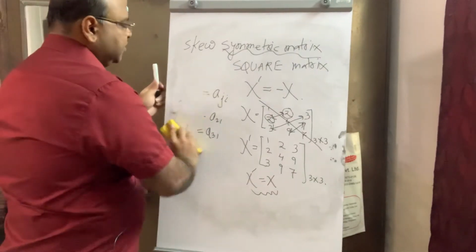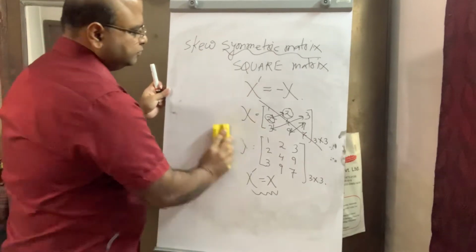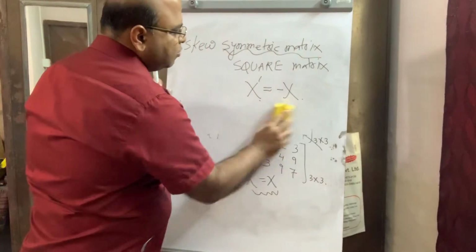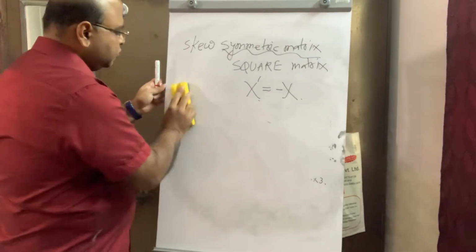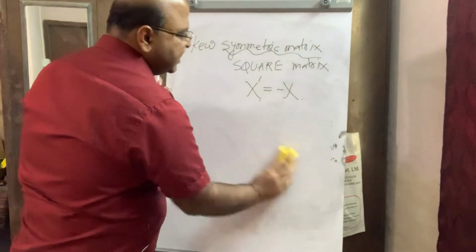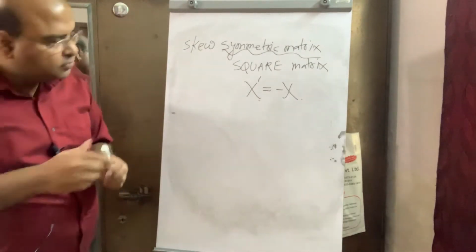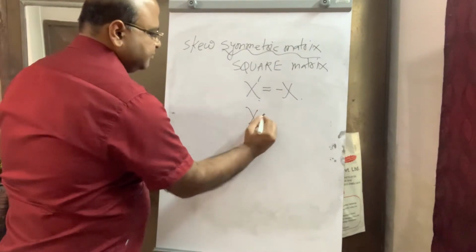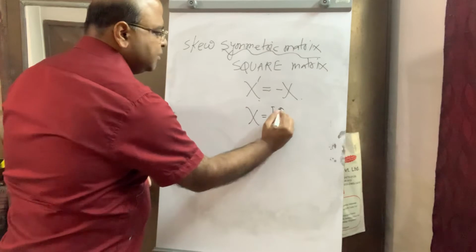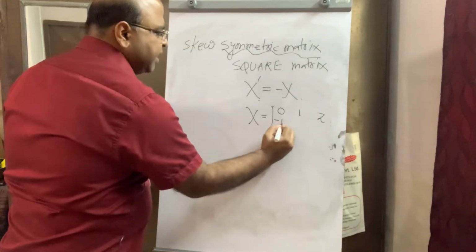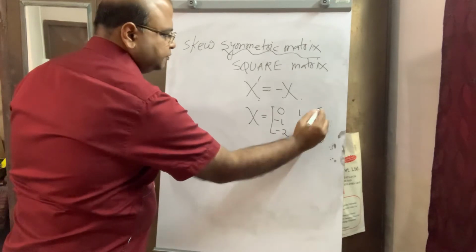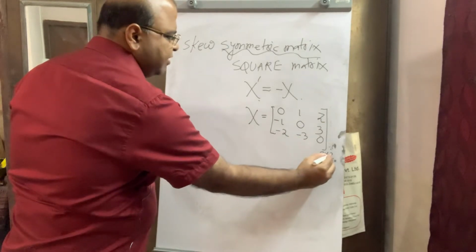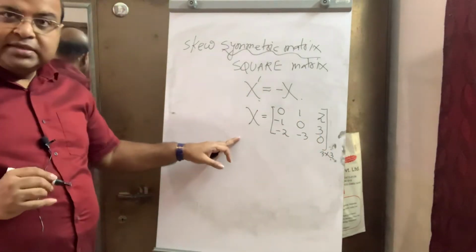So as for example, if I now consider a matrix X such that its transpose becomes negative of itself. So say a matrix X is given by 0, 1, 2, minus 1, 0, 3, minus 2, minus 3, 0. So here again we have a square matrix of order 3 by 3.